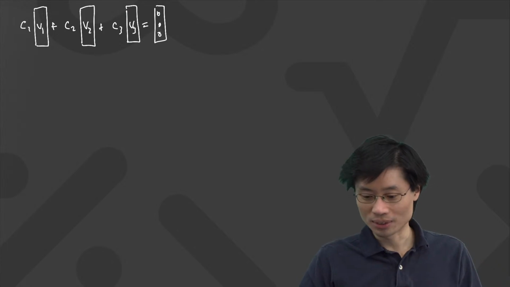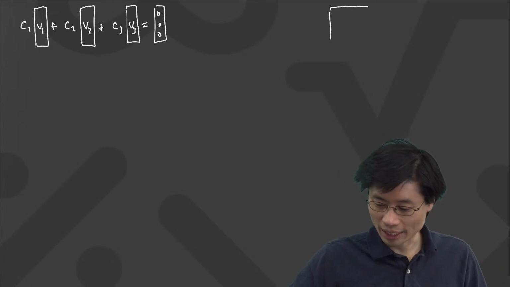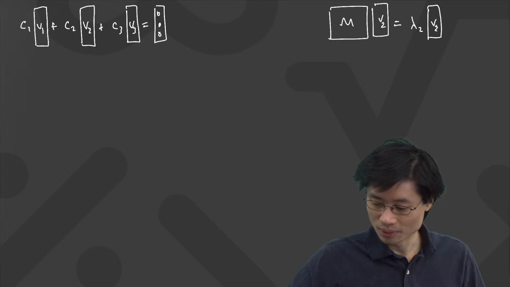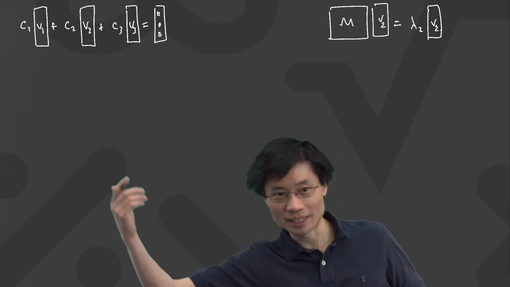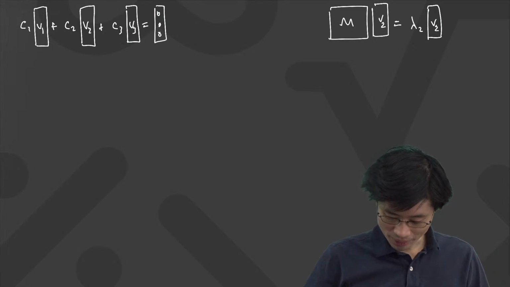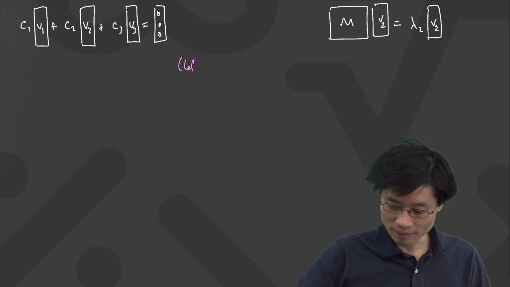But what else I know is that if I took an M multiplied by a V anything, let's just write V2, that's just going to give you a lambda 2 times your V2. That's really nice. So you just left multiply by the M.